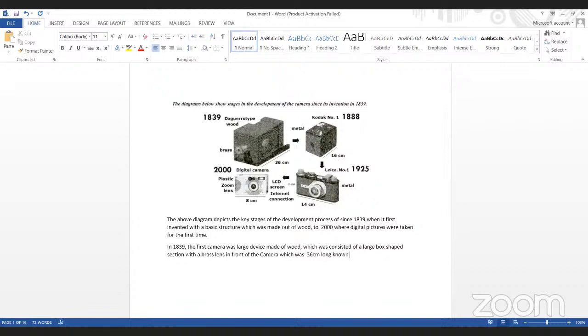Now we need to use inverted commas, daguerreotype, right?